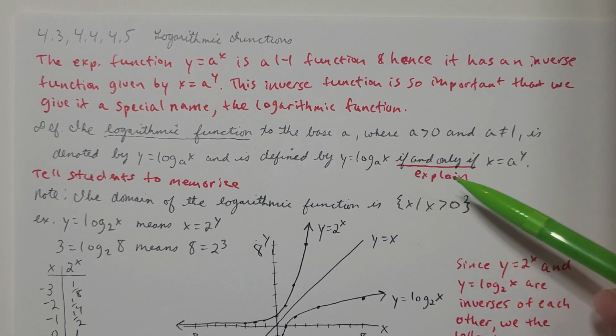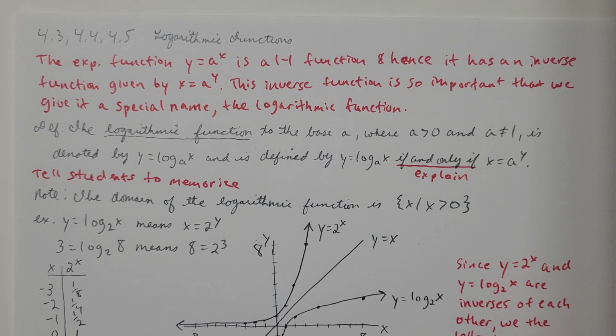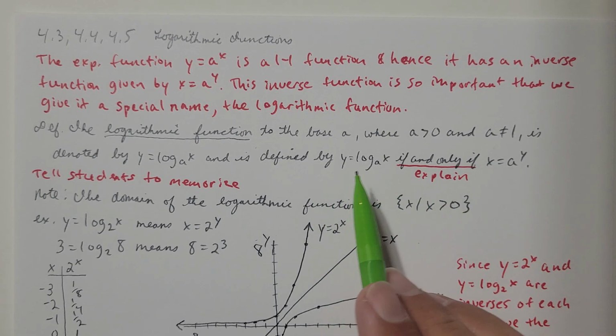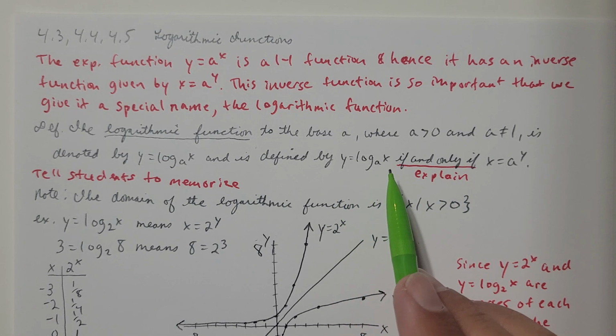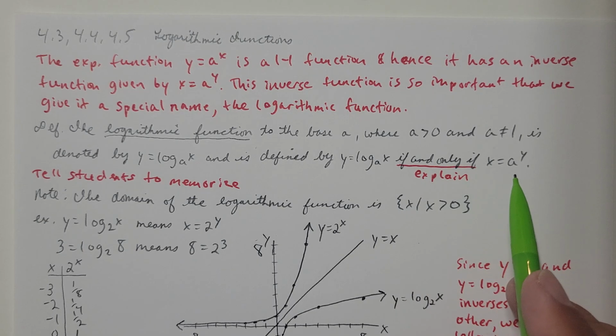Now the phrase if and only if is a phrase that sometimes comes about in various math classes, and all we mean by that is that there's two if-then statements going on. So one way that you can read this line here would be to say if y equals log base a of x, then x equals a to the y, right?